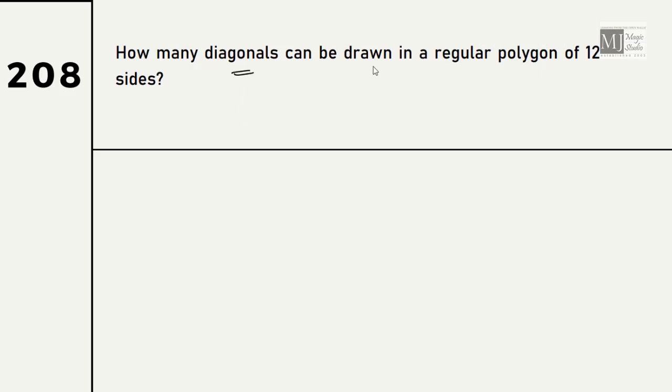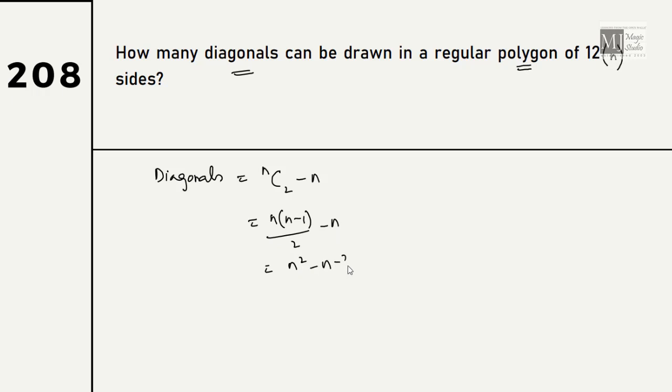How many diagonals can be drawn in a regular polygon of n sides? Let's begin with n sides. Number of diagonals in an n-sided polygon is given by nC2 minus n. And if we solve this, n square minus n minus 2n by 2, we'll get n into n minus 3 by 2, and this can be used as a formula.